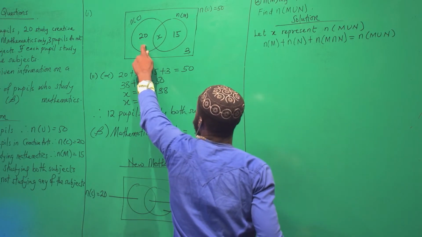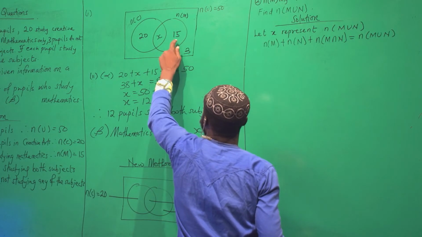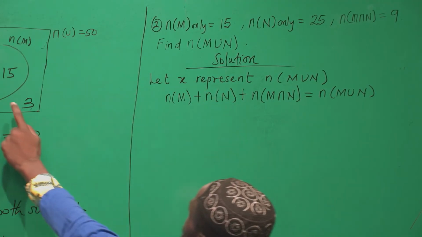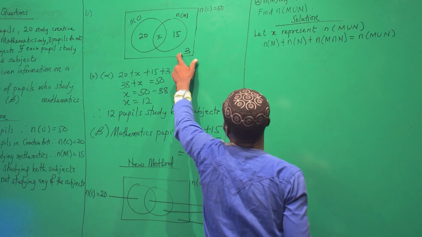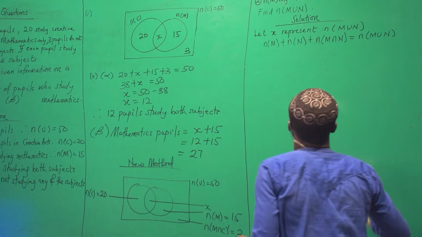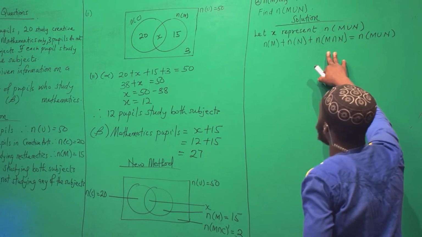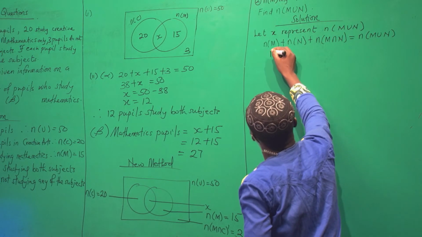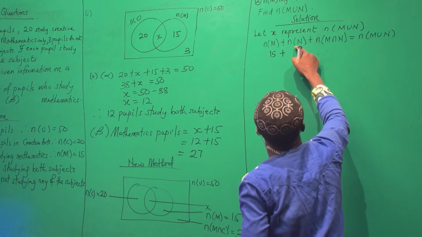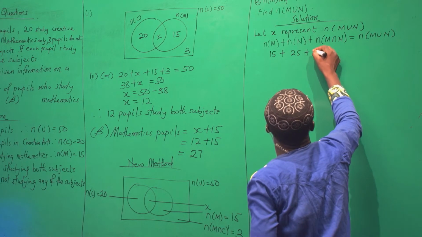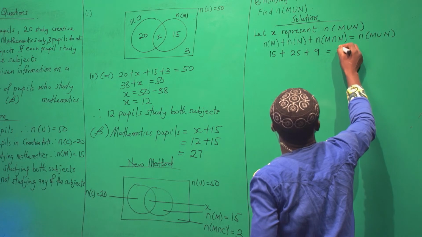It is this one plus this plus that plus this should be equal to this. But in this question, there is no pupil who does not like both mushrooms and noodles. So it becomes this way. So let's represent them by the numbers in the question. The 15 gets here plus 25 plus the point of intersection 9, and this is what? X.